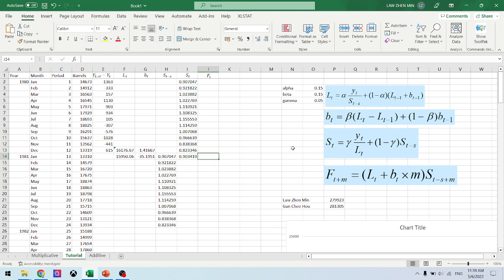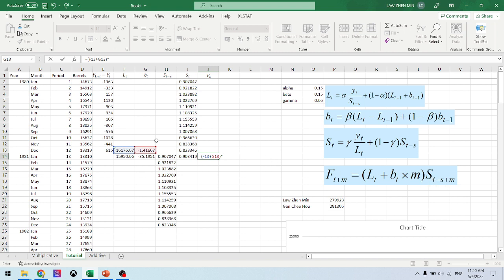And next, this one is for our forecasting value, which is t plus m. The m is how many steps forward you want to forecast. Like if you put a 1 here, t plus 1, you will use the previous level component here plus the previous trend component here, and then multiply by 1, closing bracket, and multiply by the st plus m minus s.